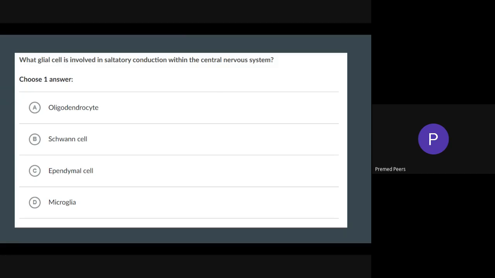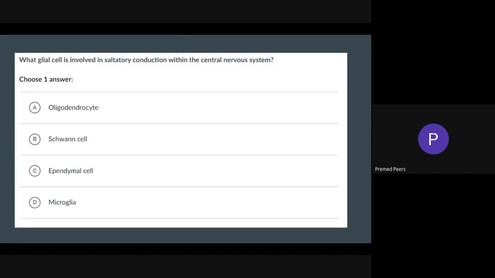So the myelin sheaths have gaps between them that the signal is able to jump through. If there was no myelin sheath, the signal would have to travel through every single piece of the axon. But when the myelin sheath is connected, it allows the signal to jump between the gaps and travel a lot faster, and that's called saltatory conduction.